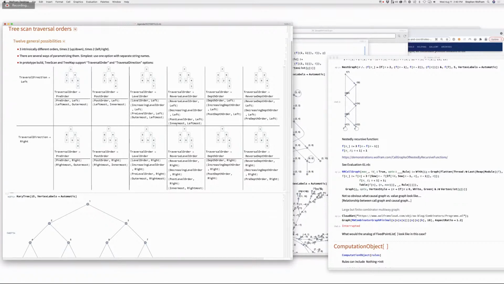The last thing Ian and I discussed is just having a single traversal order with named strings, for all the possibilities. But the implementation that Ian currently has separates traversal order and traversal direction. So it's 6 times 2. It happens that each of these traversals has a left and right variant, but in the general case, you might not always have a left and right variant.